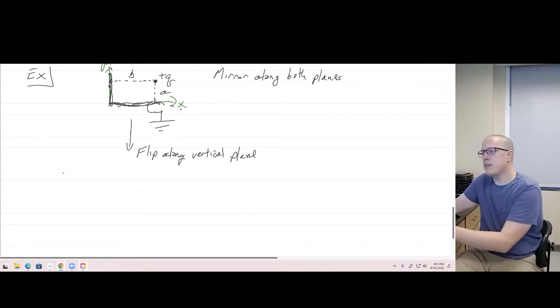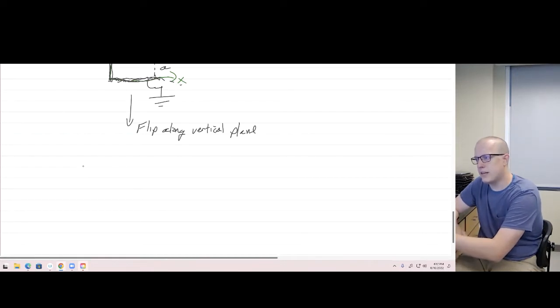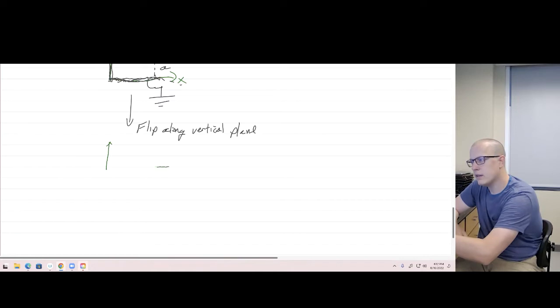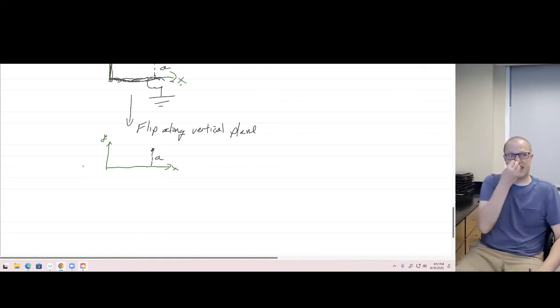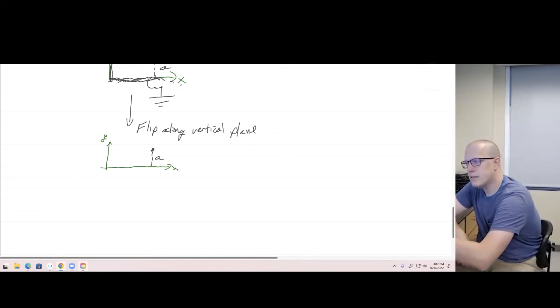And when we do that, we're going to have another setup here, another set of axes. Here's my x-axis, here's my y-axis, and I still have my regular charge, and it's still a distance A. But now, since I've flipped it, I have another charge that's over here.